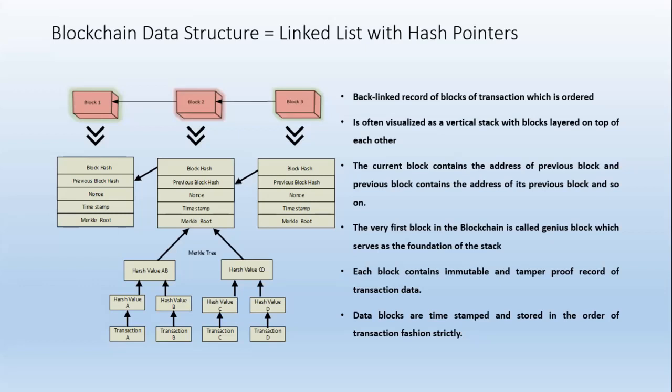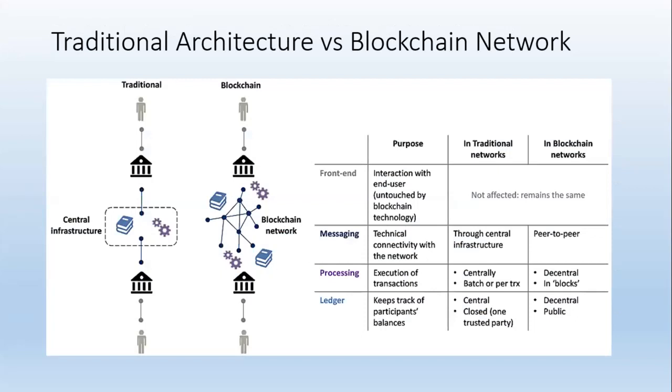Let me move on to the next slide. Here I'm trying to bring out the differences between the traditional architecture network and the blockchain network, how it differs. Basically, there are four points which I have given here.